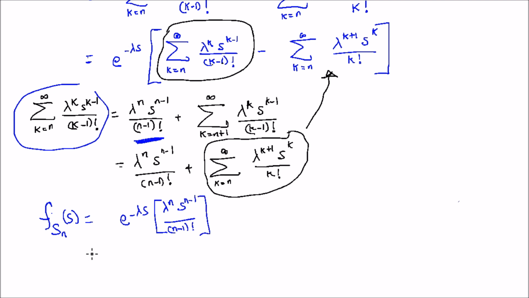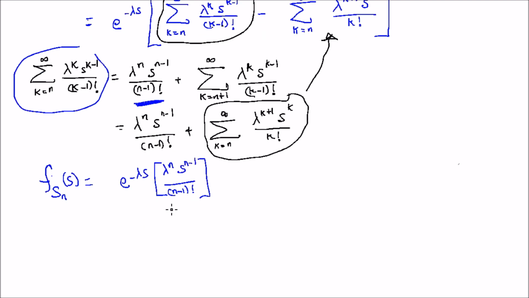Rewriting this similar to how we typically write the probability density function of the gamma distribution, yes, that's right. This is basically the gamma distribution probability density function: s to the power of n minus 1, e to the negative lambda s, and s takes values greater than or equal to 0 on the real number line.